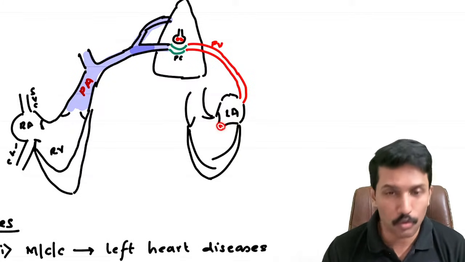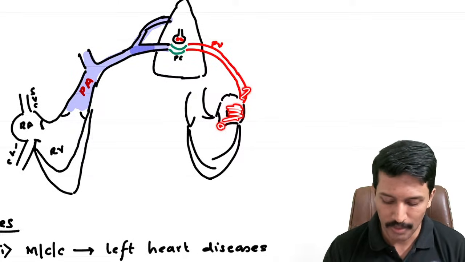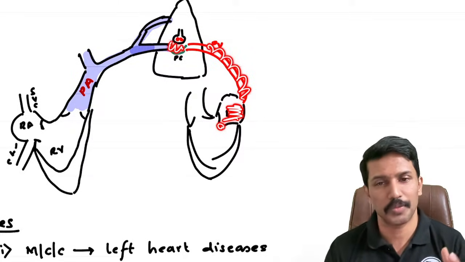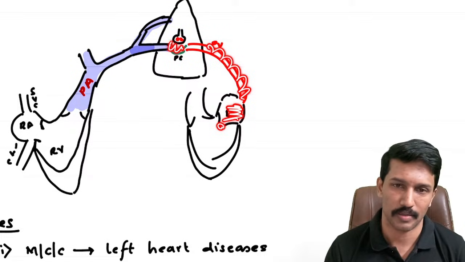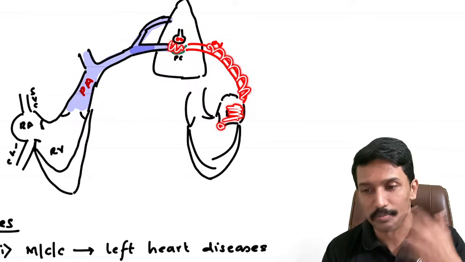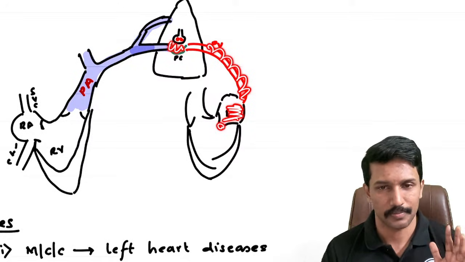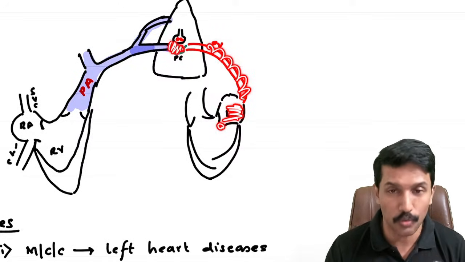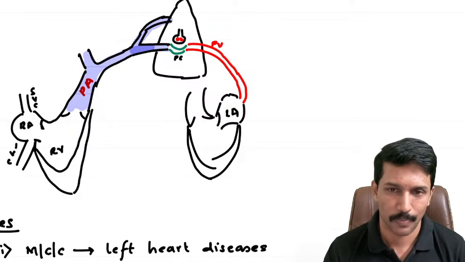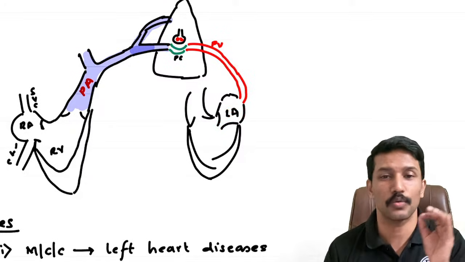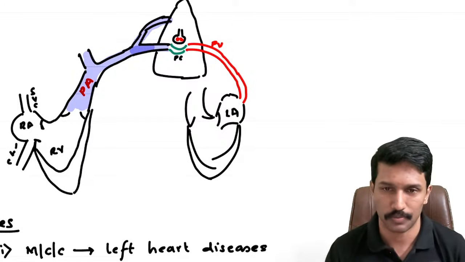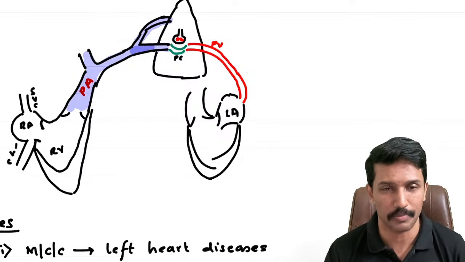If I have mitral stenosis, this opening is narrow, left atrial pressure increases, then pulmonary vein pressure increases, pulmonary capillary pressure increases, you have shortness of breath. So one symptom that you can write for all left-sided conditions is dyspnea, because left-sided conditions always lead to congestion in the lungs. Mitral stenosis, mitral regurgitation, aortic stenosis, aortic regurgitation, and left heart failure. For all of them, dyspnea is going to be the standard symptom.